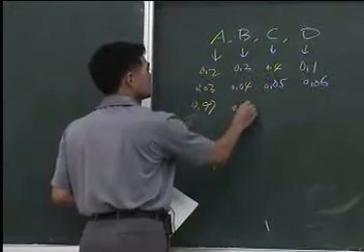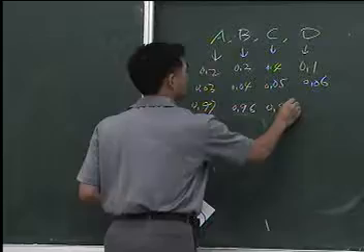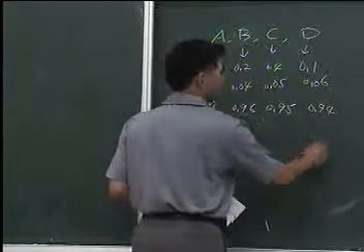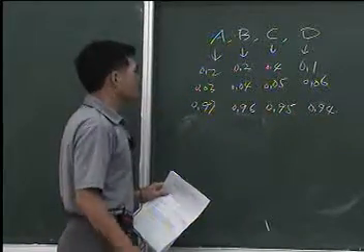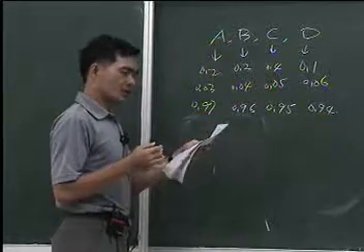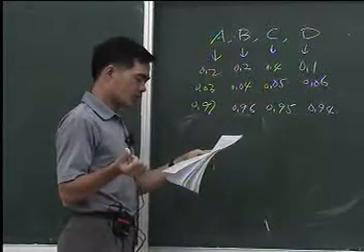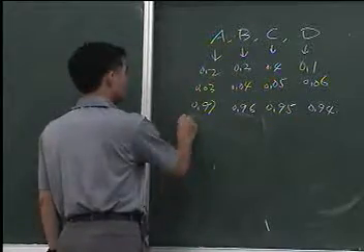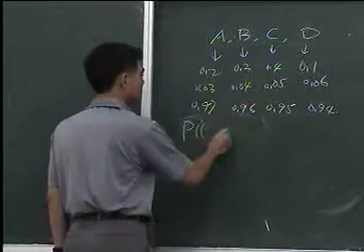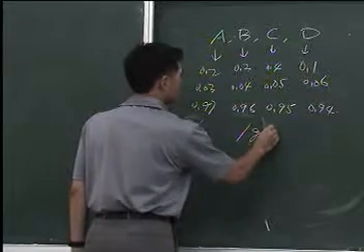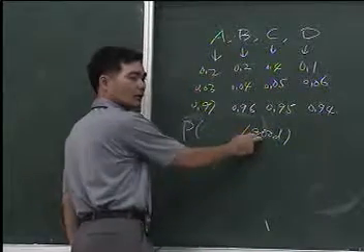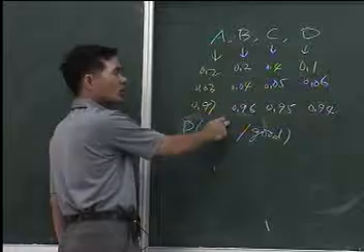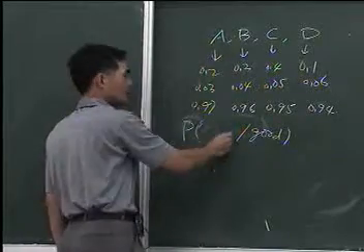And 0.96, 0.95, and 0.94, okay? And we want to know, this one is already a good one, and what's the chance that it's going to come from A? So if you're going to put that down, this one is already a good one, right? And we want to know what's the probability from A, okay?